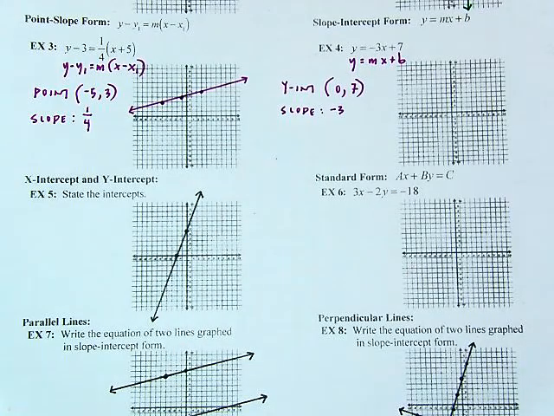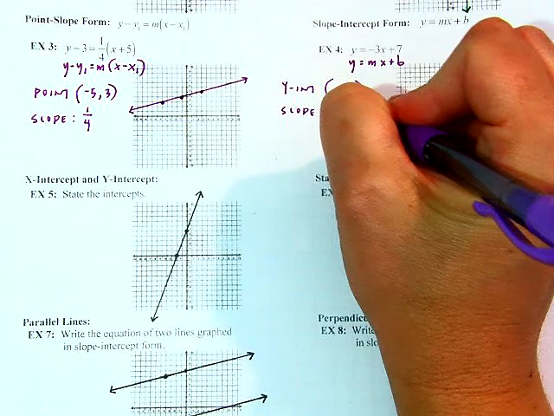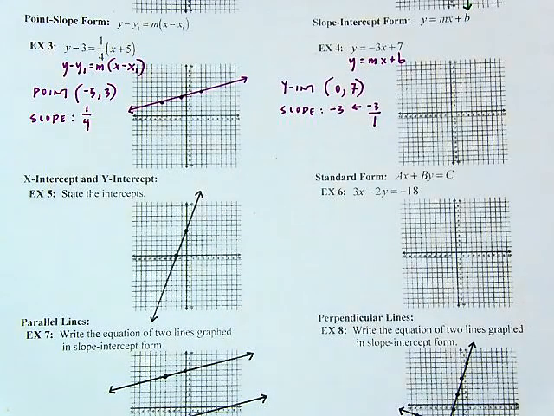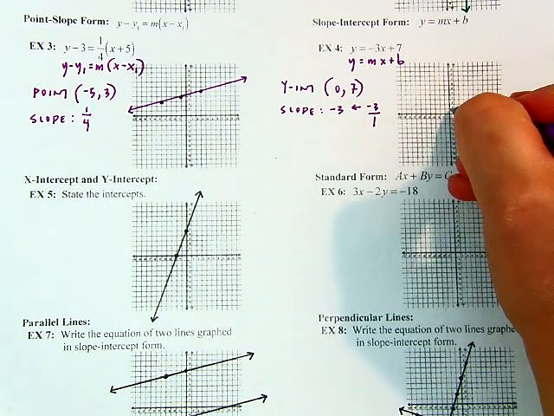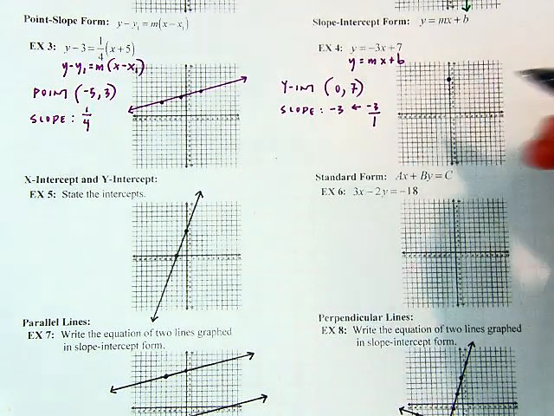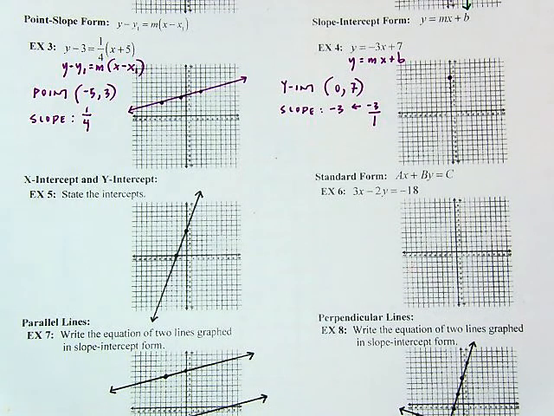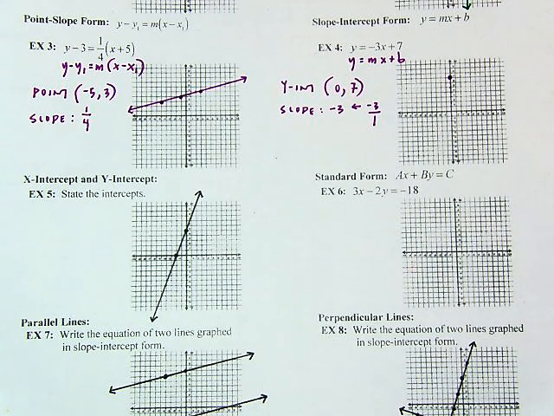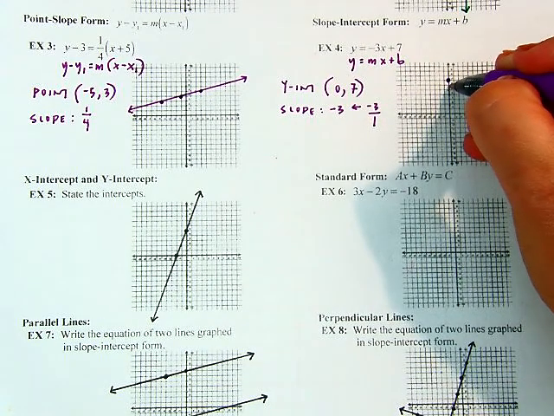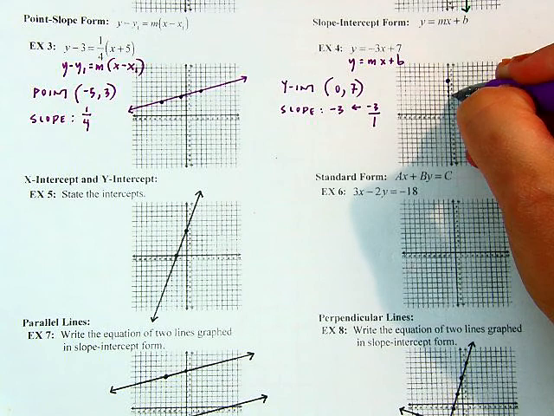Okay, and then to graph that, sometimes it helps to visualize that as over 1. Okay, so I'm going to drop my anchor at 0, 7. So my y-intercept, 1, 2, 3, 4, 5, 6, 7, right here. And then my slope is negative 3 over 1. So whenever I write, say I just wrote 5 over 1, right? It helps to visualize it as a fraction. So here, since it's negative, I'm going down 3, 1, 2, 3, and then right 1.